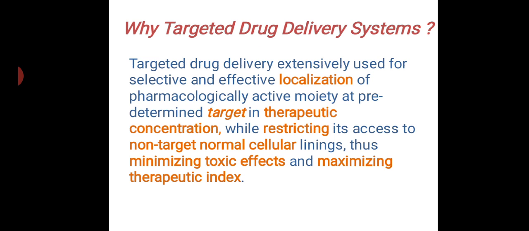Now, why is there a need for the targeted drug delivery system? It helps in the effective localization of the drug moiety in the target, to produce the therapeutic concentration and restrict its access to the non-targeted normal cells, minimizing the toxic effect and maximizing the therapeutic effect.